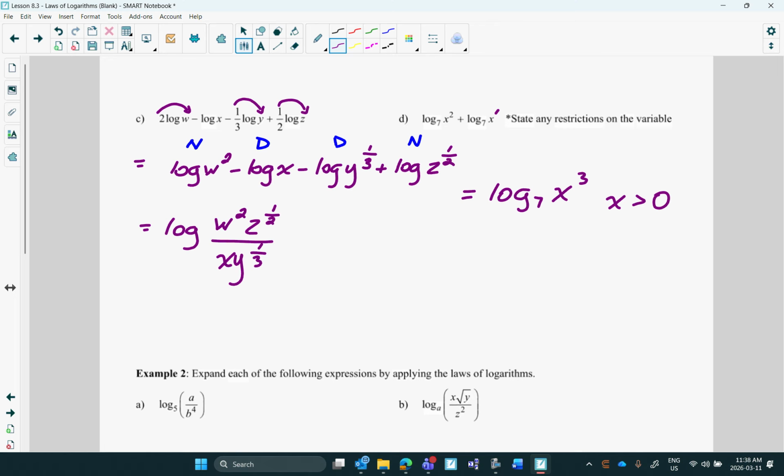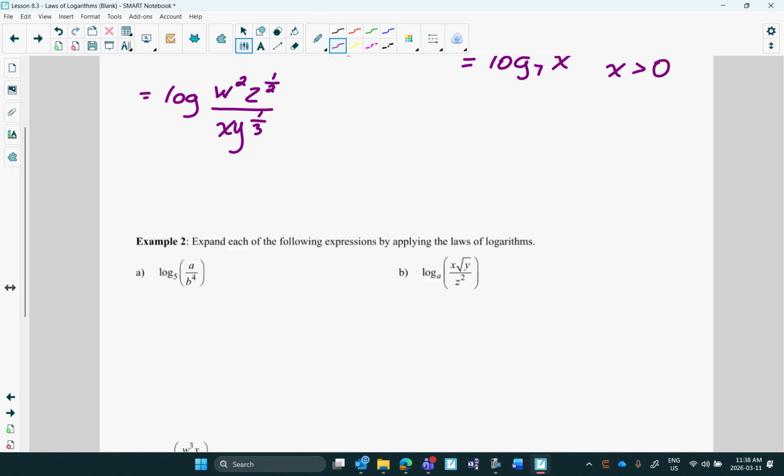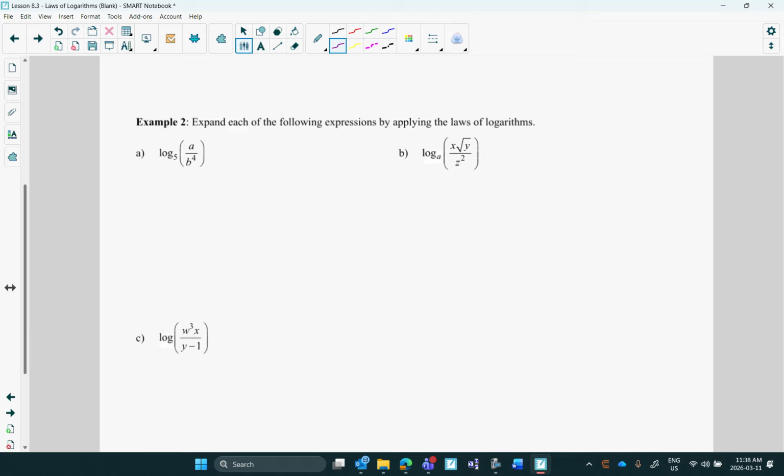So these examples, we were given it in expanded form, we need a single log. Now we're going the other way. So we are basically doing the reverse of these. So when I look at questions like this, I've got to write this out.